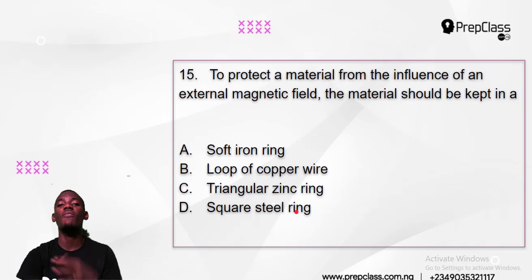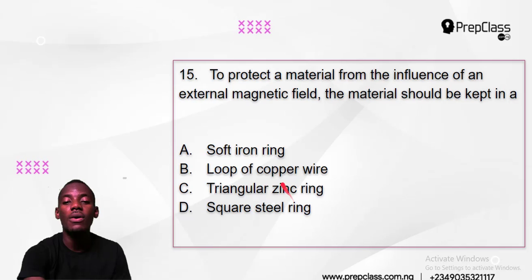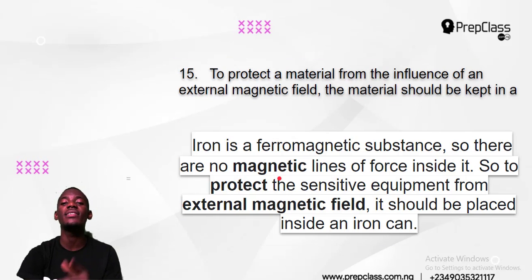Now, under the topic of magnetism, we learned how to protect things from magnetism, right? Under that topic, we learned that iron is a ferromagnetic substance. So there are no magnetic lines of force inside iron. Iron does not allow magnetic flux or magnetic lines of force around it.